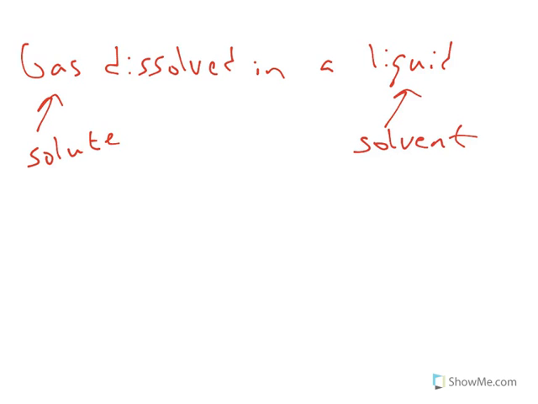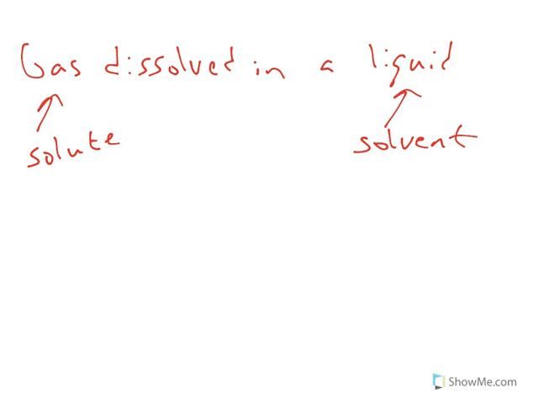Now, things are a little bit different here. We talked just a few minutes ago about how elevating the temperature of a solvent can increase the solubility of a solute in it. That's not the case with gases.